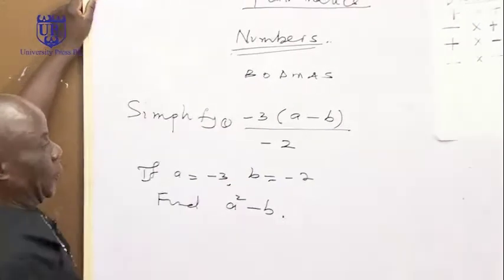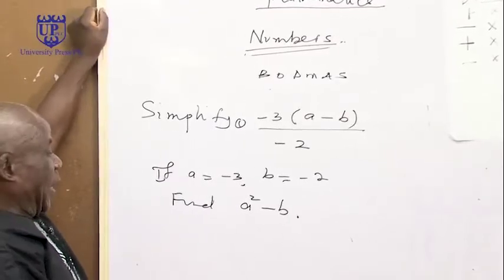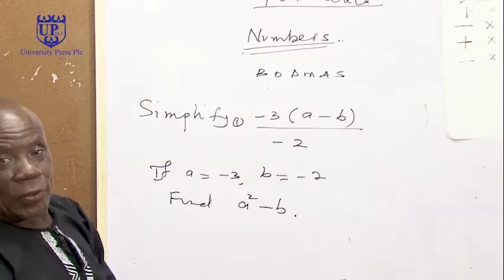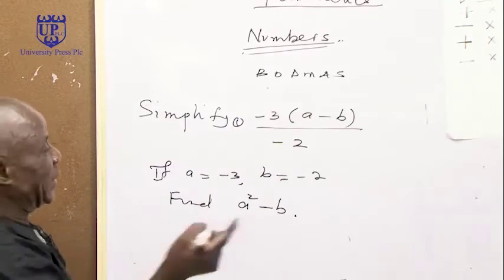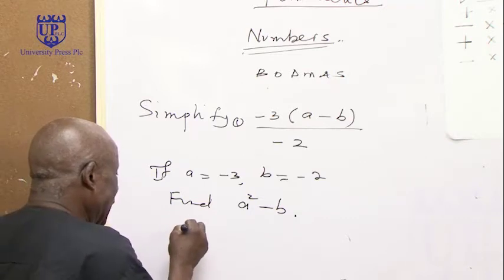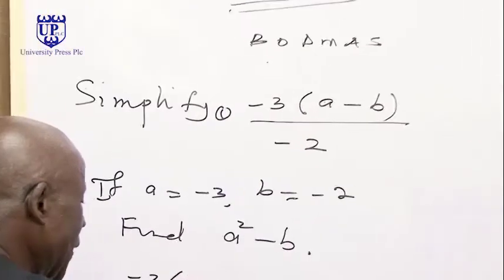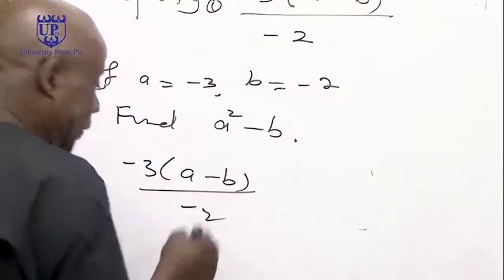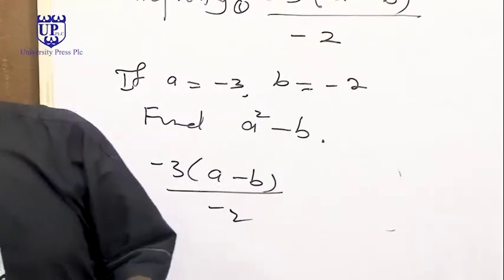They will ask you to simplify this. Nobody is asking you to evaluate. Minus 3 into A minus B, then everything divided by minus 2. You will be wondering why this question is here.